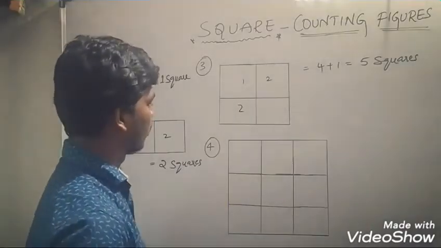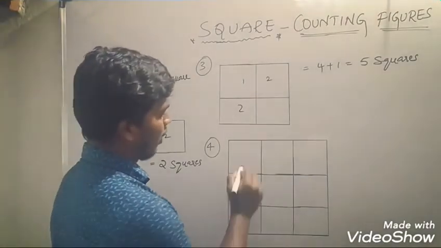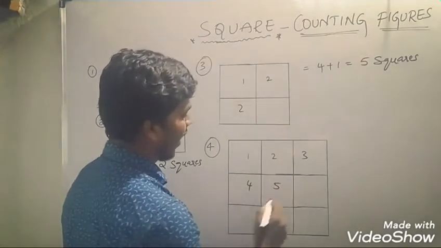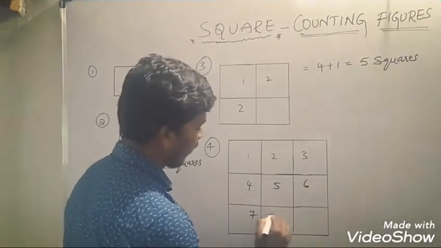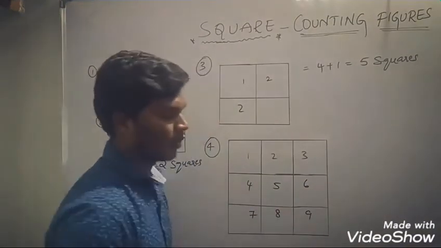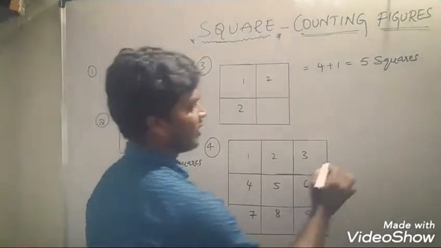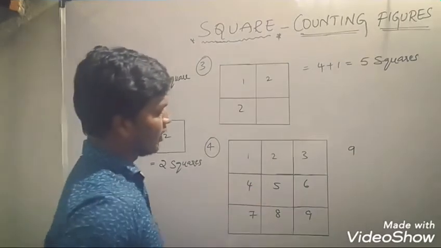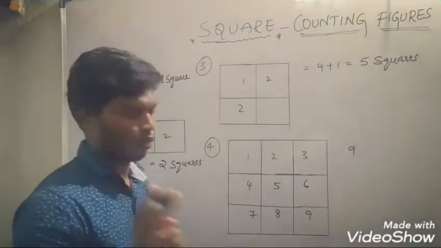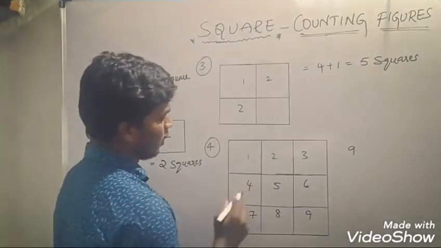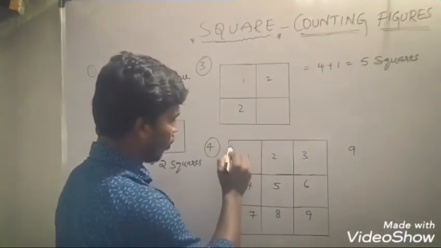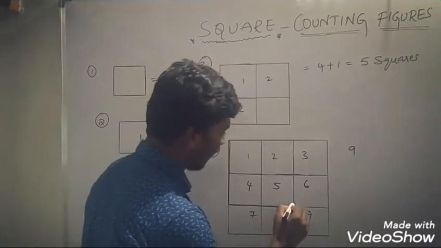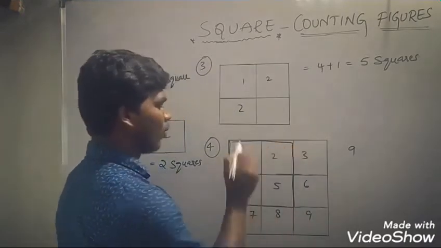Figure number 4, in figure number 4 we have 1, 2, 3, 4, 5, 6, 7, 8, 9. So we have 9 individual squares. In addition to these squares, now the combination of two squares. See friends, the combination of 1, 2, 4, 5 will make one square, right?